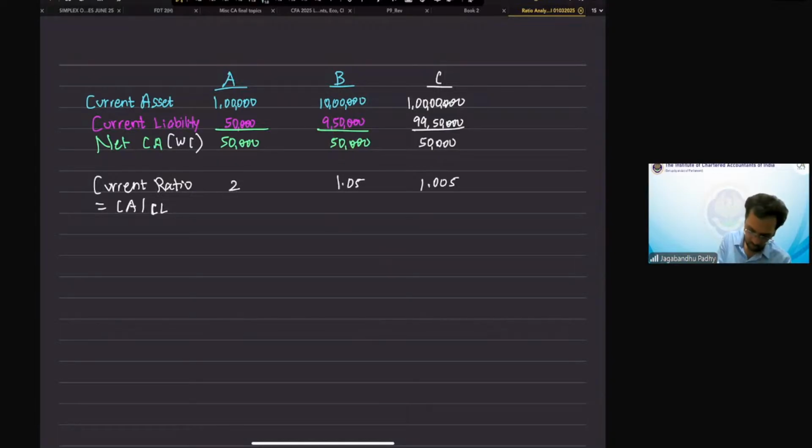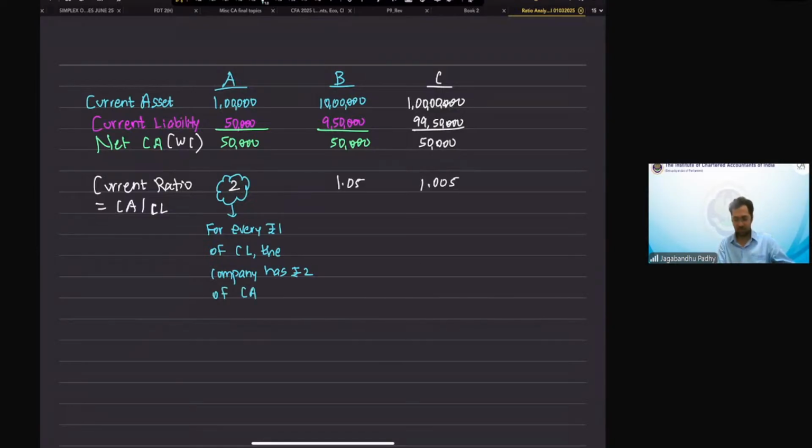So how do we analyze this number 2? This current ratio of 2 indicates that for every rupee 1 of current liability, the company has rupees 2 of current asset.